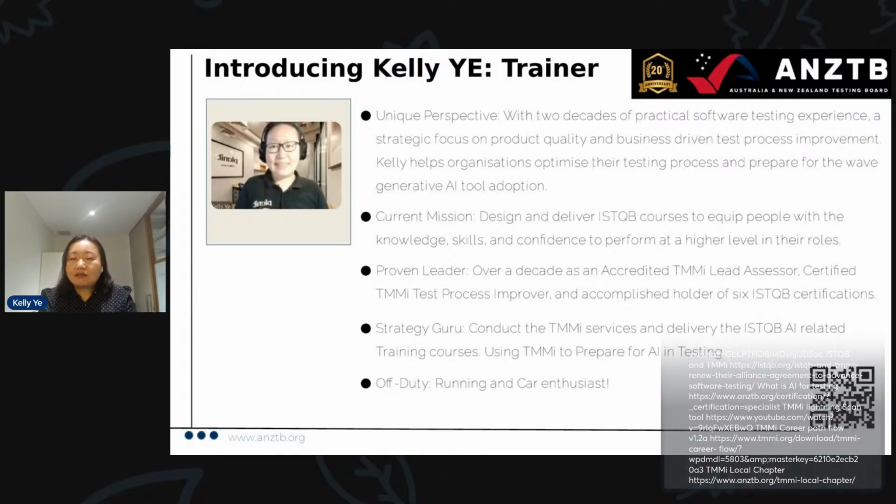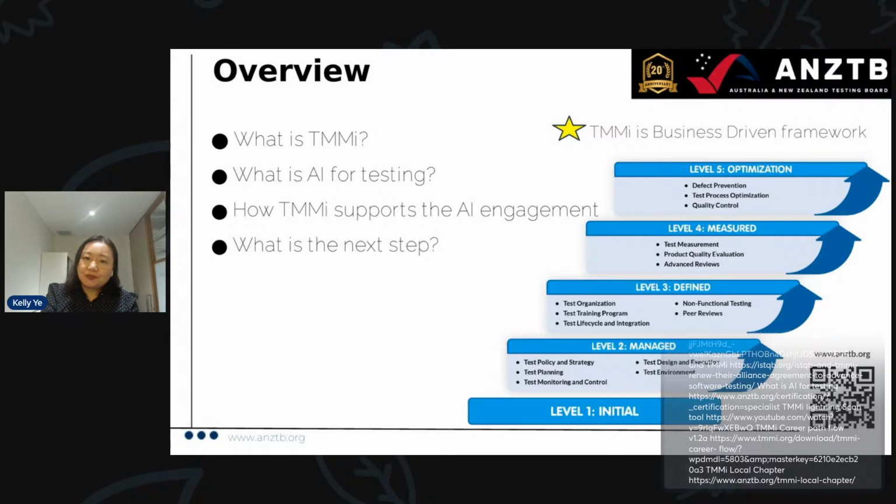Next slide, please. That's good. Thank you. All right, this is the overview of what we are going to talk about. I will present the benefits of adopting the TMMi framework in software testing to help prepare your organization for your AI adoption journey.